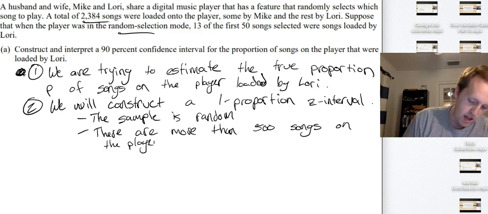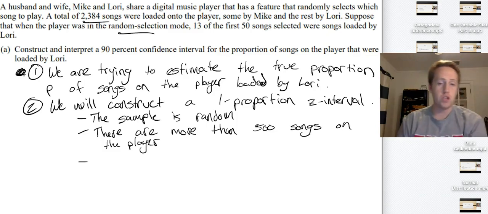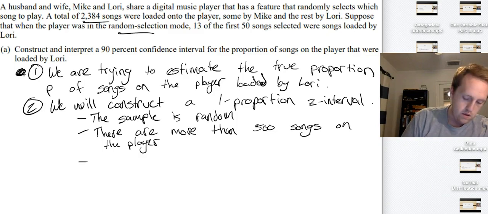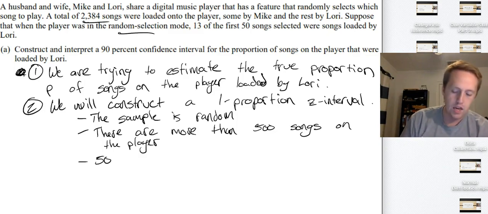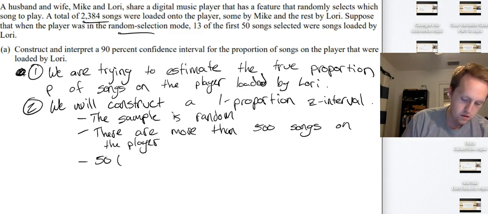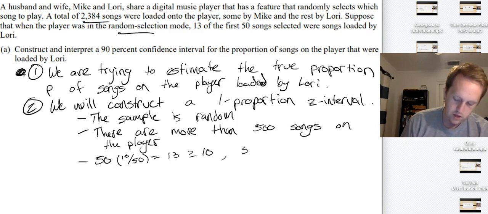And now I need to get normality, so I'm going to do large counts because this is proportions. So I'm going to do 50 times p-hat, which is 13 out of 50, which is 13. That's greater than or equal to 10. I'm also going to do 50 times 37 out of 50, which is equal to 37, which is greater than or equal to 10.